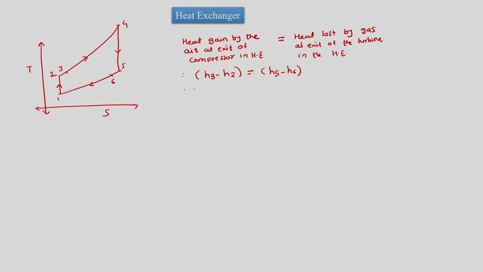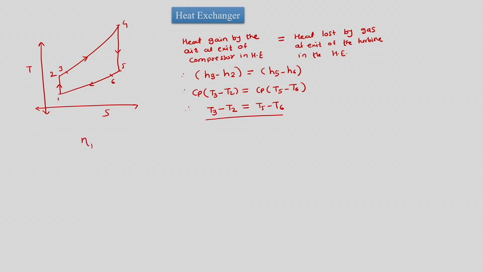So, we know that Cp into T3 minus T2 is equal to Cp into T5 minus T6. So, practically we will get T3 minus T2 is equal to T5 minus T6. So, this is the balance of heat equation in the heat exchanger.